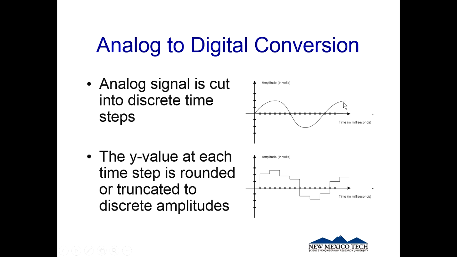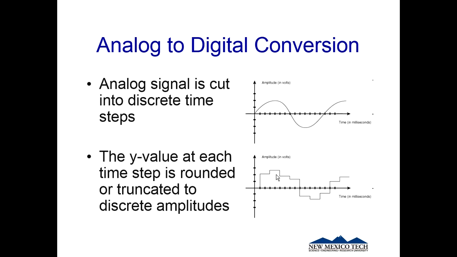So another way to think of it is, if we looked at this analog signal here, you can see it's kind of like this little sine wave, and we've got all these values. But if we were to take that and make it into a digital signal, it might not look so pretty. We have all these little steps. We'll talk about the time direction in the next lecture, but in the amplitude direction, we can see that when we have a value that's between these steps, we have to assume it's one of them.